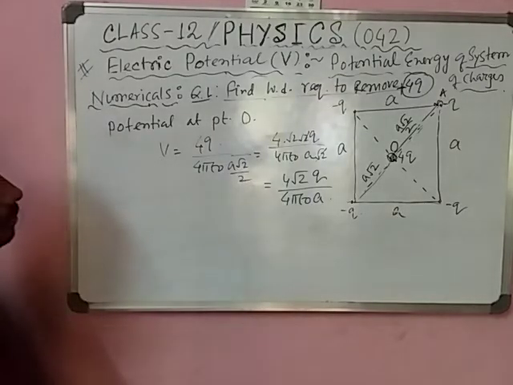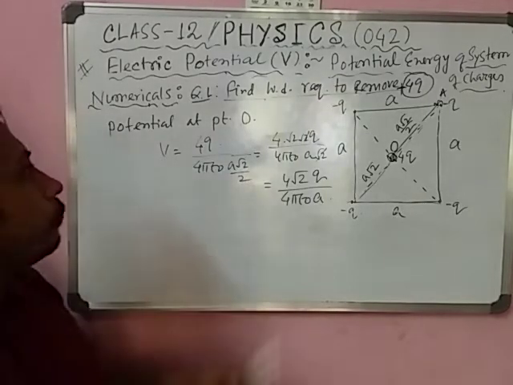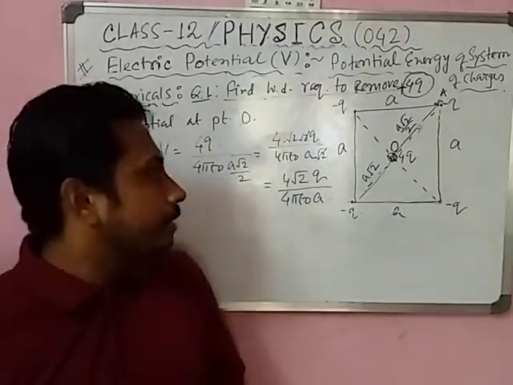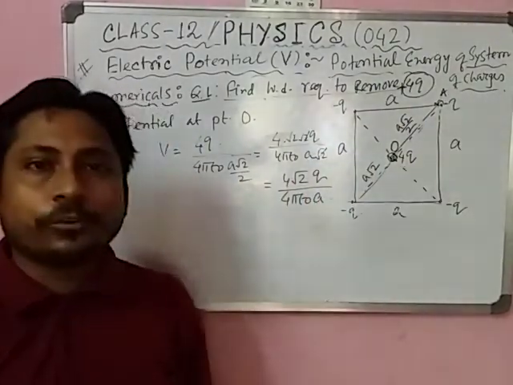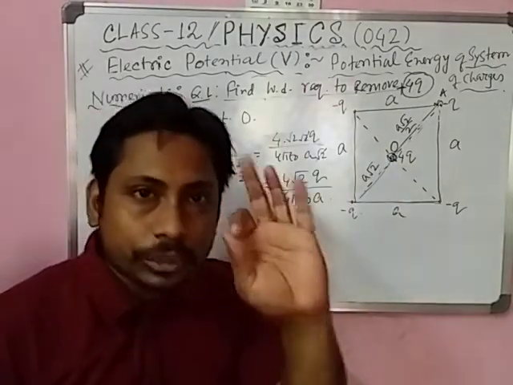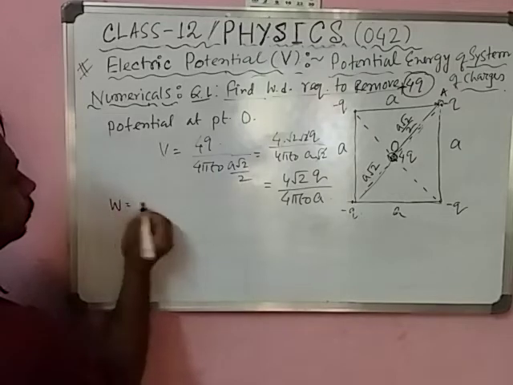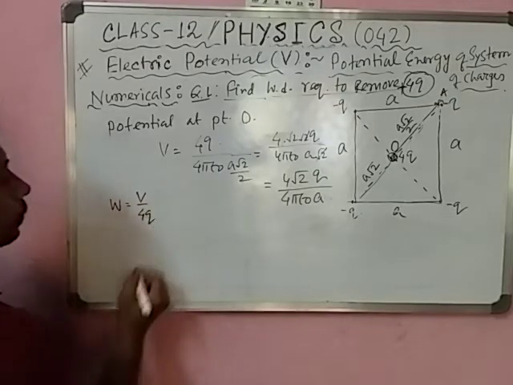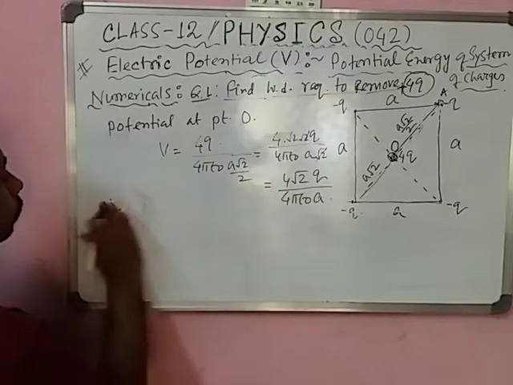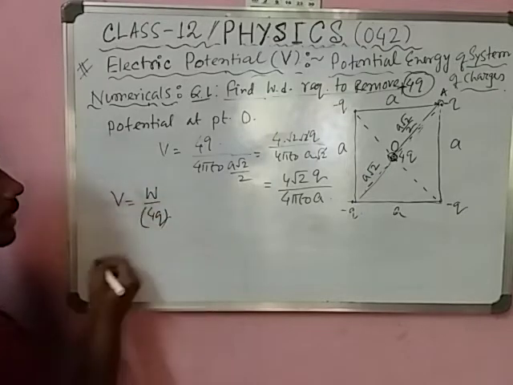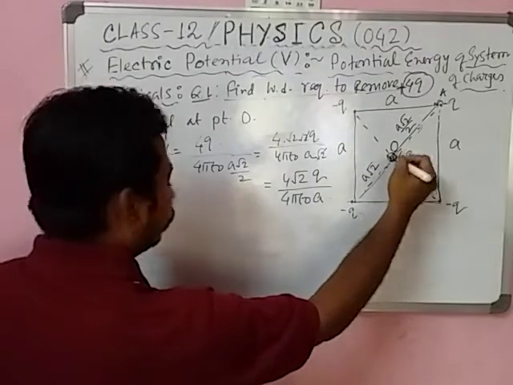Okay. Now what are you going to find out? Find the work done required to remove plus 4q. So student, now you have to remove this plus 4q from the center. Now think about 4q. So you know the work done formula, V equal to work done by charge. The total charge here is 4q.